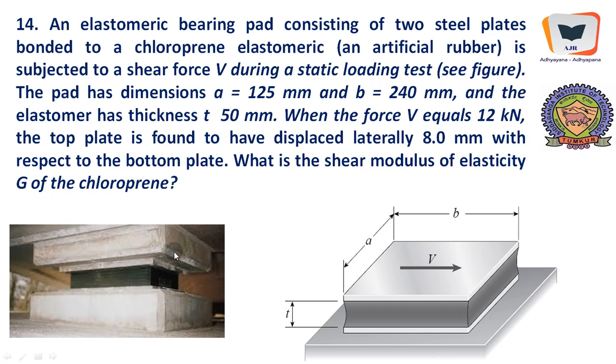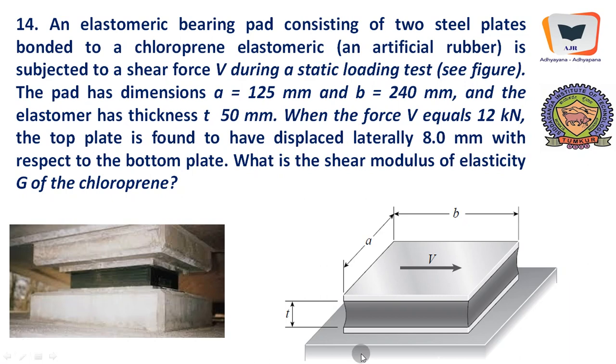It's kept over here, and this is the bridge superstructure at the supporting position, and this is the pier top or the column top or the abutment top or whatever. It is subjected to shear force V during a static loading test. The pad has dimensions A equal to 125 millimeter, B equal to 240 millimeter, and the elastomer has a thickness T of 50 millimeter.